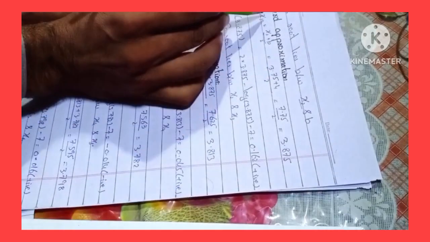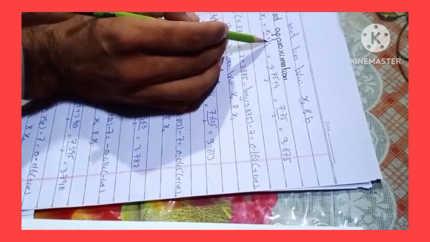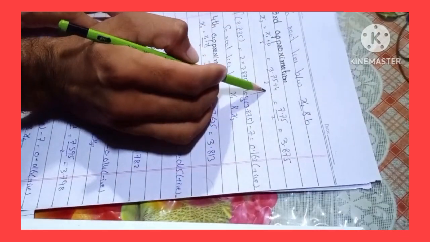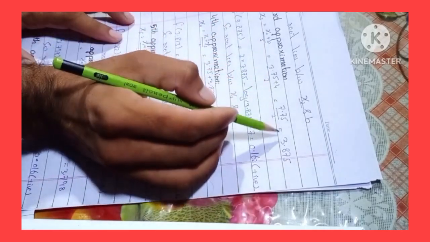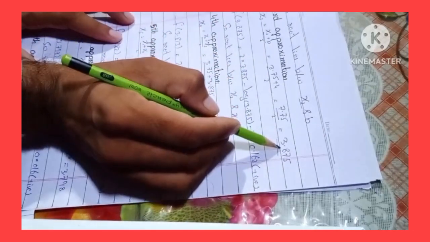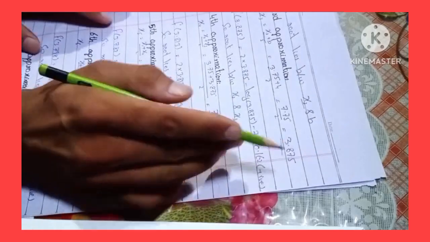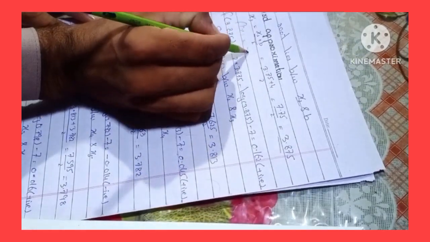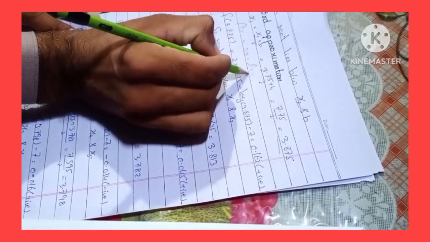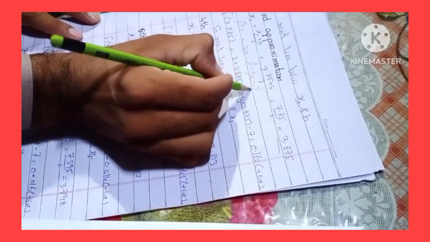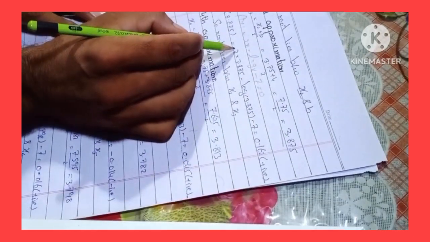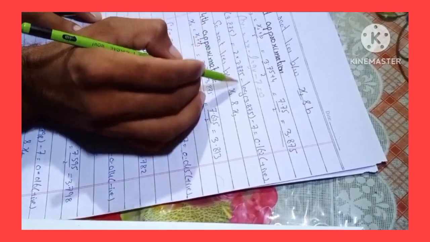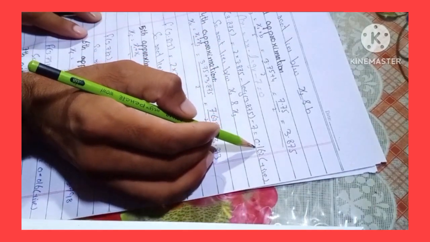The third approximation is x3 equal to (x2 plus b) divided by 2, putting in the values of x2 and b. The answer is 3.875. Putting these values into the equation f(x) = 2x minus log x minus 7 = 0 and solving, we get 0.162.